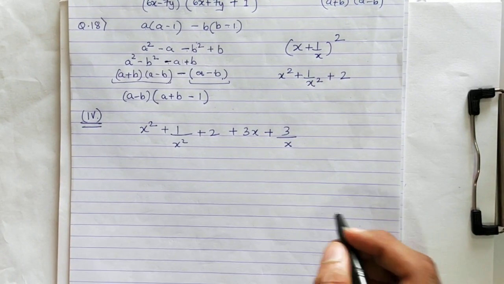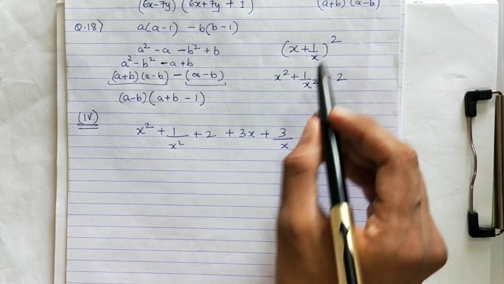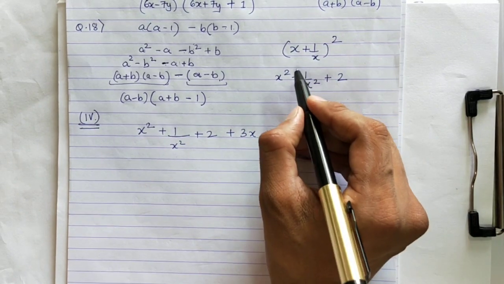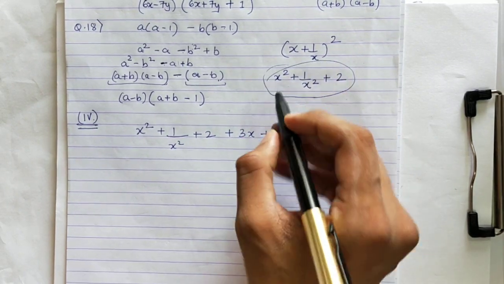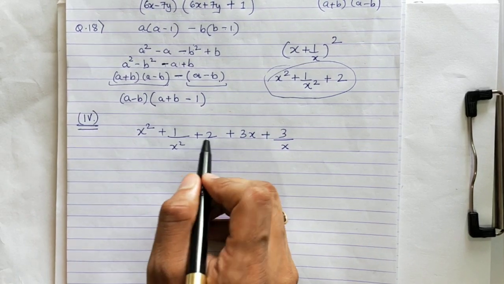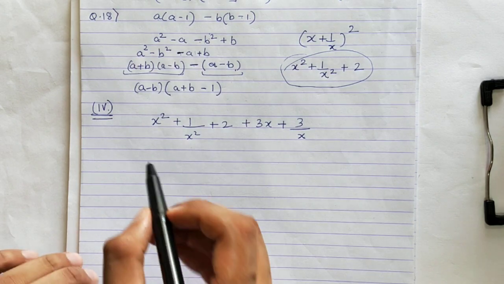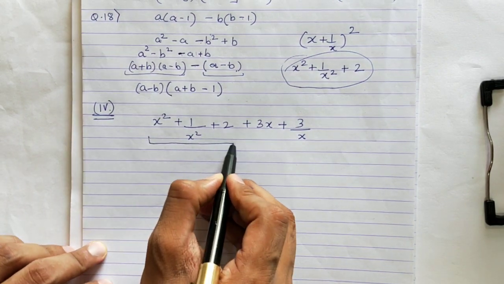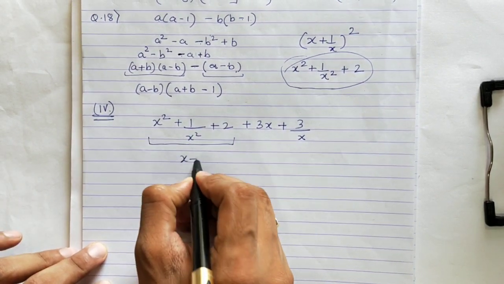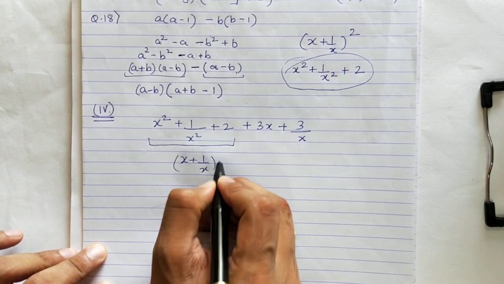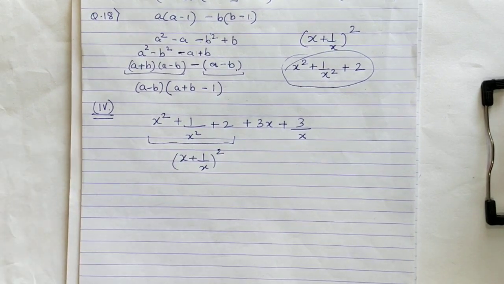When you open this bracket in expansions, we get this formula. So this is already given to you in the question. You can see here x square plus 1 upon x square plus 2. This is already given. So I can replace this with x plus 1 upon x, the whole square.